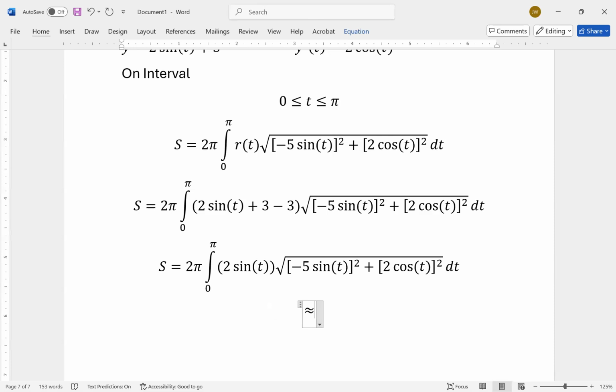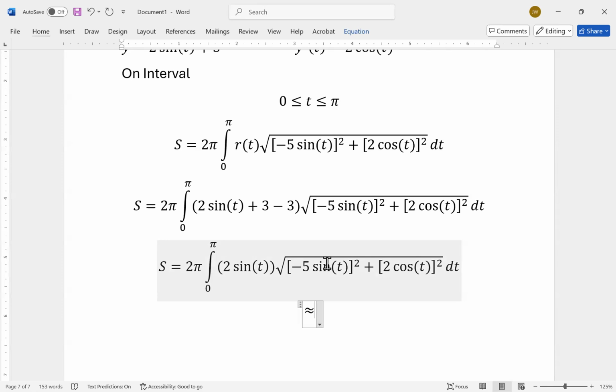When I type that into my calculator, be very careful, as always. Don't forget to multiply times 2 pi out front. Some people forget to multiply times 2 pi out front, and then it throws everything off.